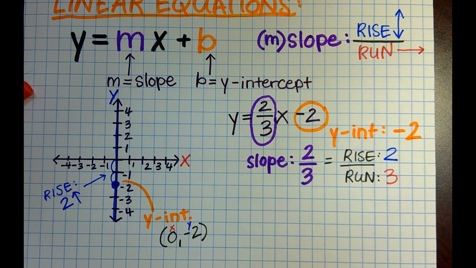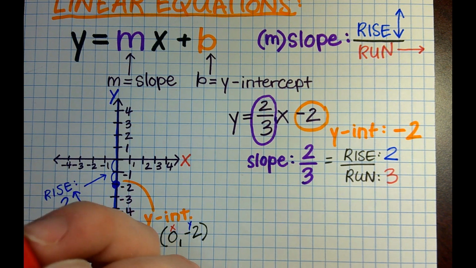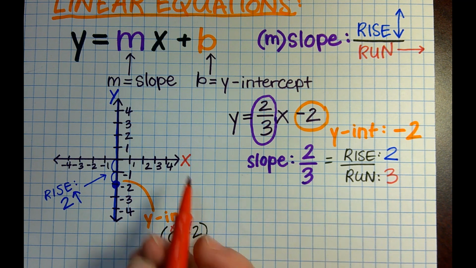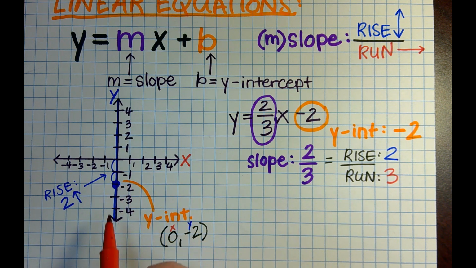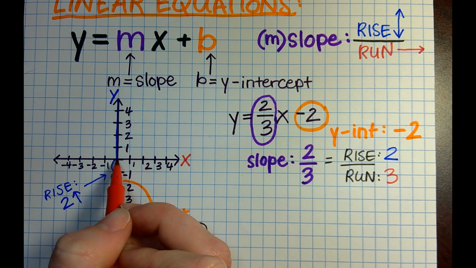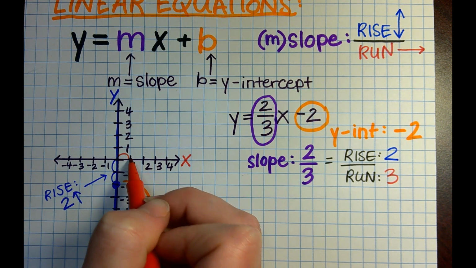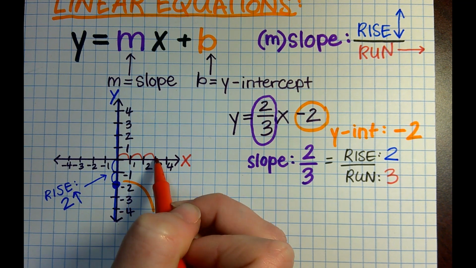What's my run? 3. Since these are both positive, that's why we went up, since positive values are up. Now, in the x direction, my positives are to the right. So we have positive 3. How many spaces to the right do I go? 3. So from where I just left off, I go over 1, 2, 3.